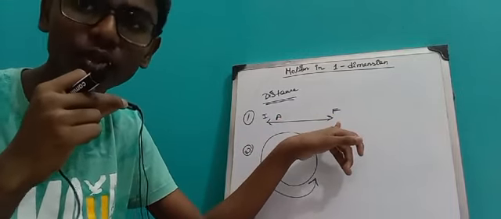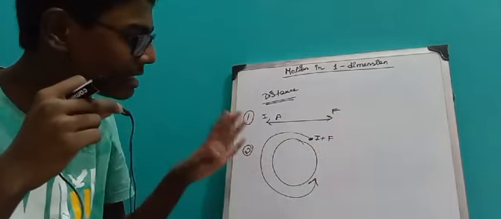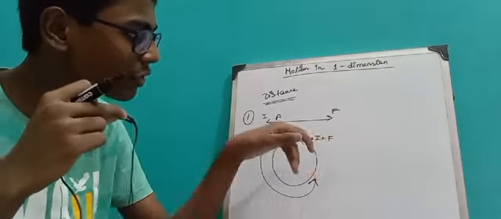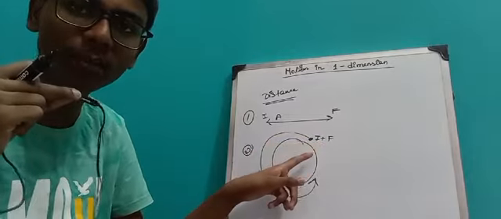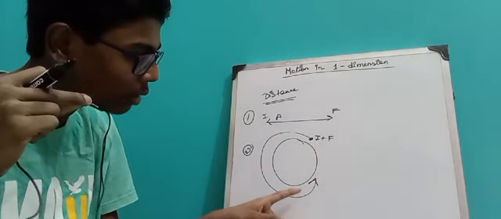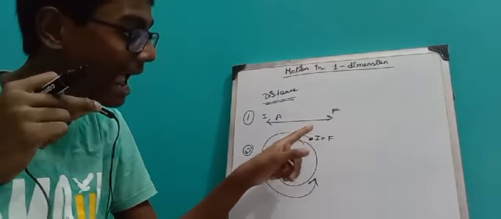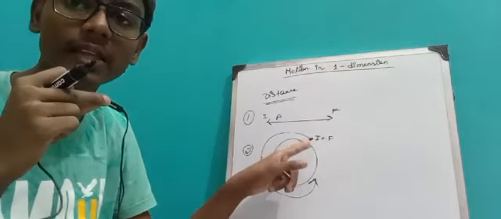That is the final position. And in the second instance, what we are seeing is, suppose a body starts from this point, that is your initial position, takes a round and comes back to its final position. Okay, and the initial and the final position are the same.